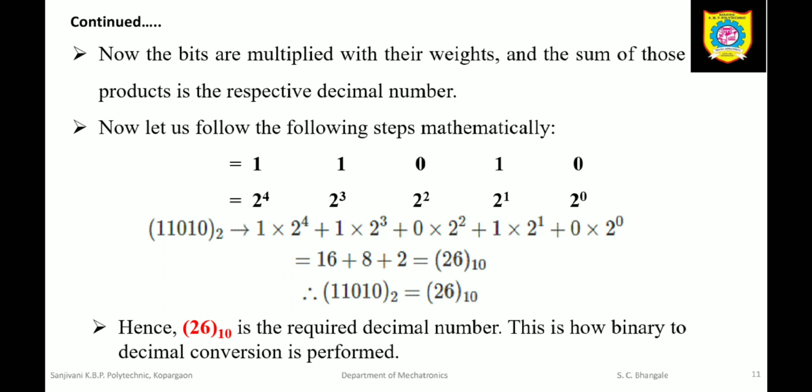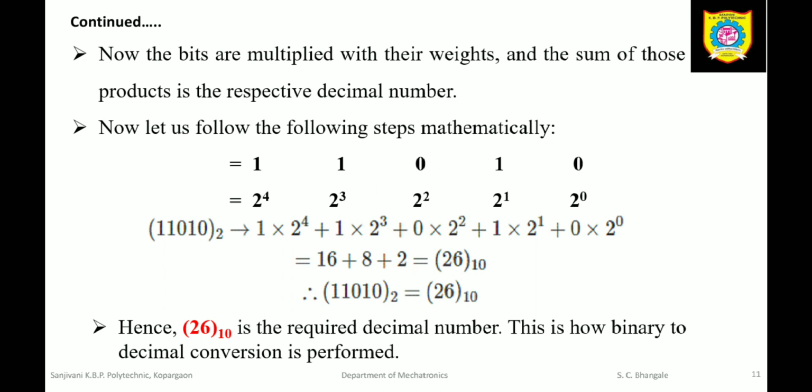Suppose again we consider the example 11010. From the right side, the powers of 2 are 2 raised to 0, 2 raised to 1, 2 raised to 2, 2 raised to 3, 2 raised to 4 for each given bit respectively. Now we have to calculate the equivalent decimal value.